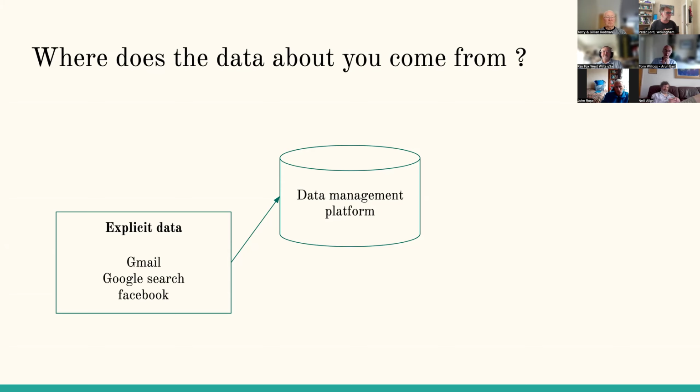And of course, social media platforms, Facebook and X. Really, I think we're in a position now where whatever you volunteer on fairly open platforms, outside of banking and such like, belongs to them, not to you. So if you've got some pictures of your daughter's birthday uploaded to Facebook, they now belong to Facebook, and then they go and do whatever they like with it. So explicit data is the stuff that you essentially volunteer.